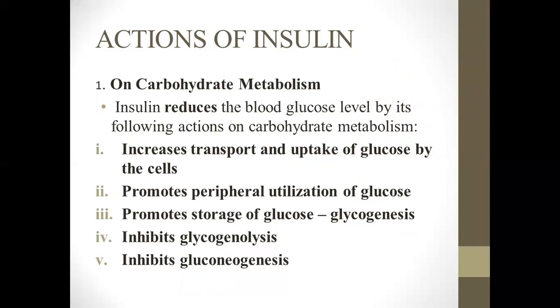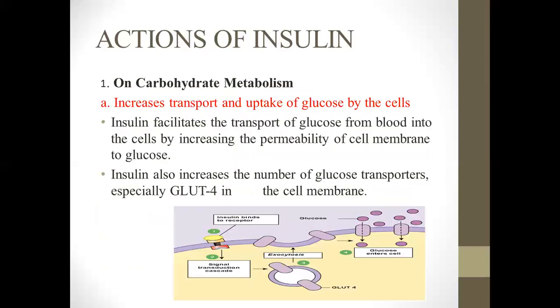That means it inhibits the breakdown of glycogen into glucose, and it inhibits gluconeogenesis, the formation of glucose from non-carbohydrate products. On carbohydrate metabolism, for the increased transport and uptake of glucose, it increases the permeability of the cell membrane to glucose.